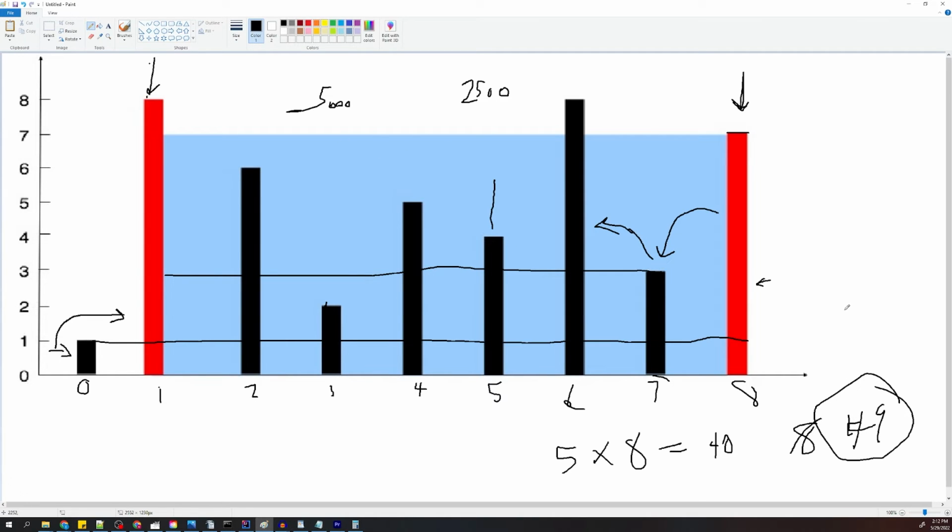So we still have to go all the way to the center, until both of these lines meet. When both these lines meet, we stop, and we return what our running maximum was at that point. That's basically the intuition behind the problem.